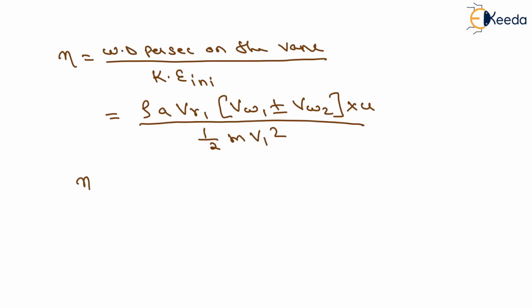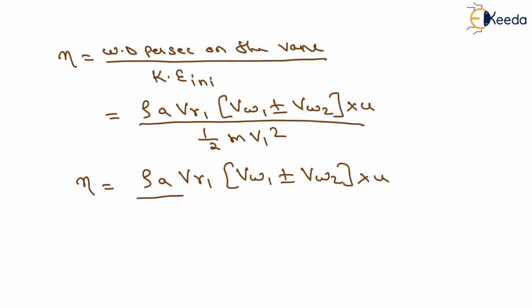So efficiency will become rho into A into Vr1 in bracket Vw1 plus minus Vw2 into u, and we will put the value of m here, that is rho into A into V1, and V1 square will be there in the previous formula also.